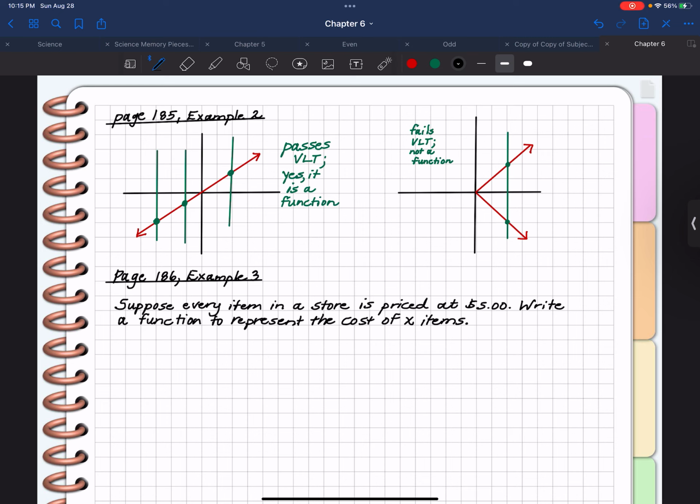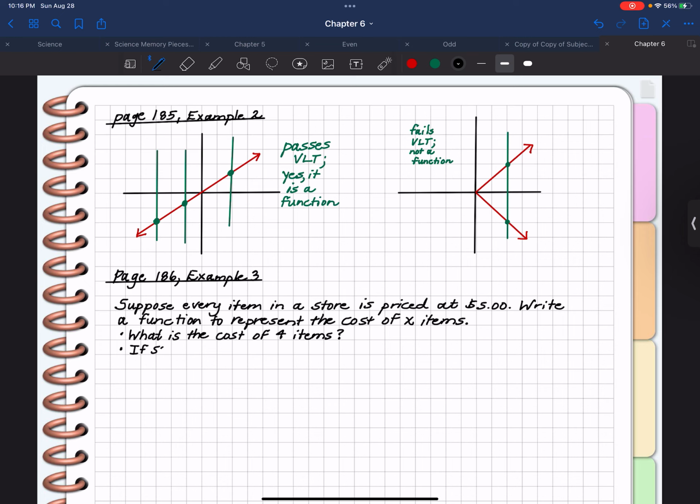What is the cost of 4 items? So here's a question. And here's the second question.